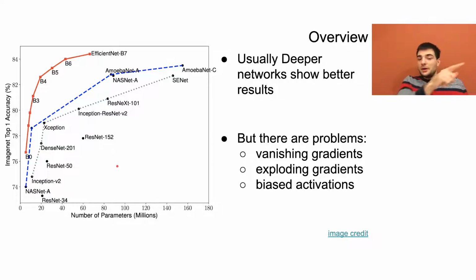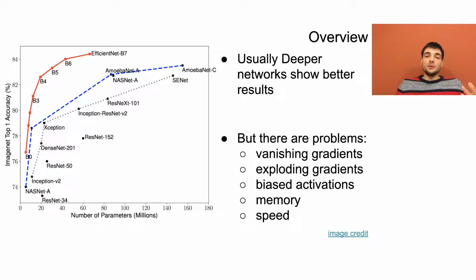For example, ReLU is shifting the output, and that's not so good. We can face memory issues, like our network is consuming too much memory and we're unable to deal with it, and so on. And of course, complex networks require more memory, more computational resources, and they just work slower in many cases.